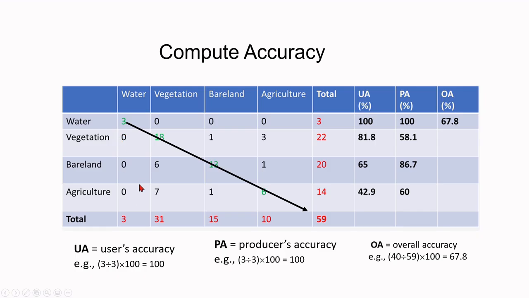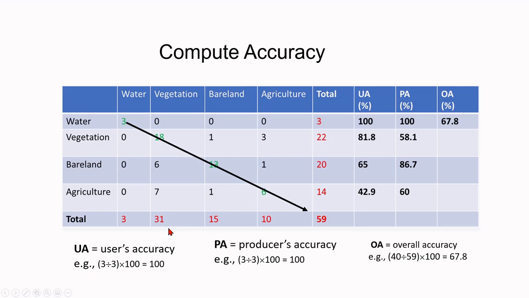So for example, we had 3 pixels observed by you on the field, and then the model predicted 3, so that is okay. But when it comes to vegetation, you saw 31 pixels on the field, but you can see the model predicted 29.